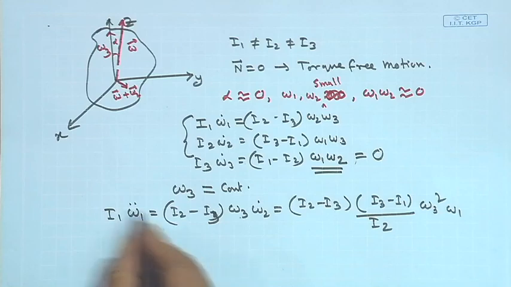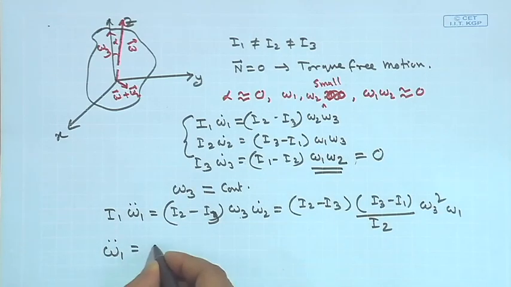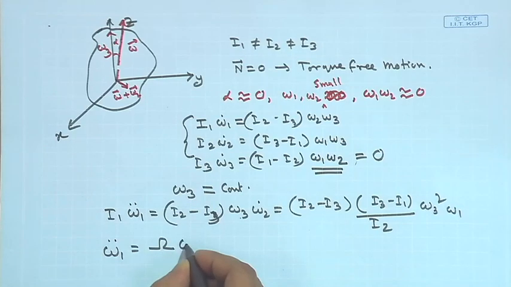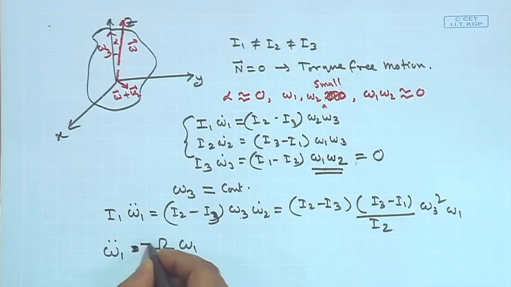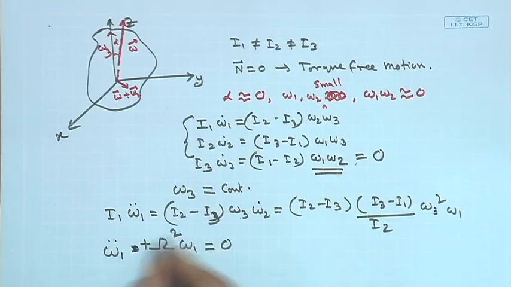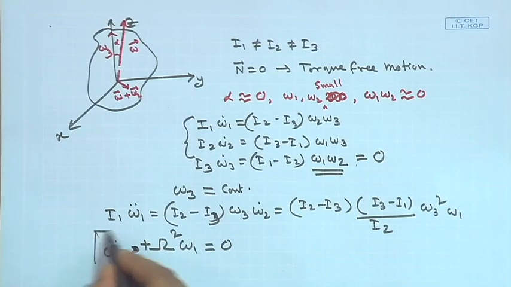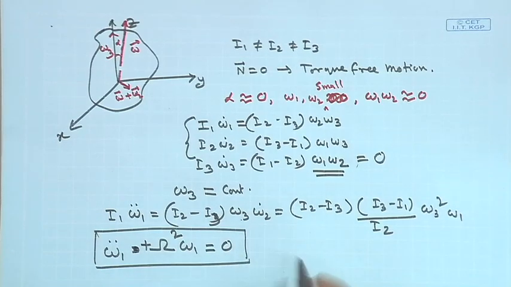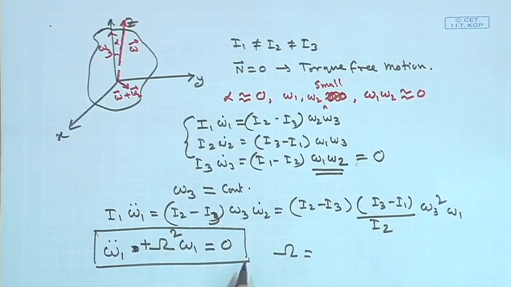So, this again we can reduce to the form omega 1 double dot plus capital omega square omega 1 equal to 0, where capital omega is given by, what will that be? So, I1 goes here.